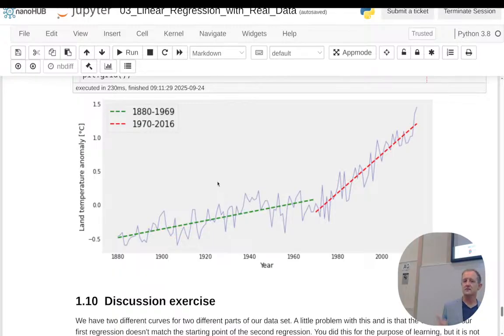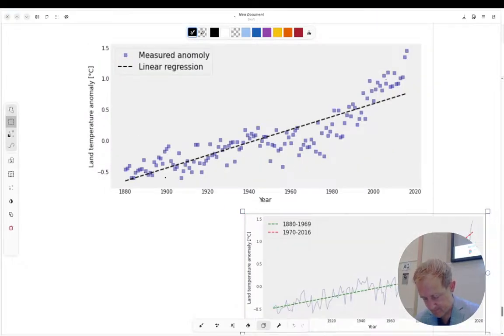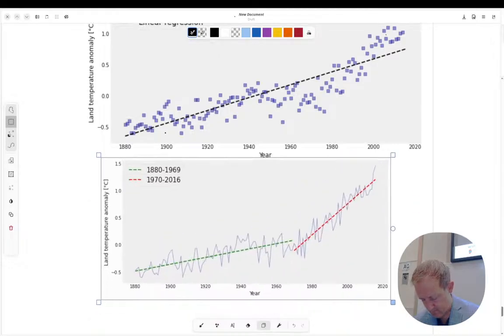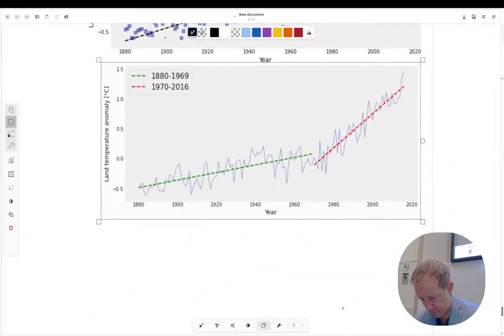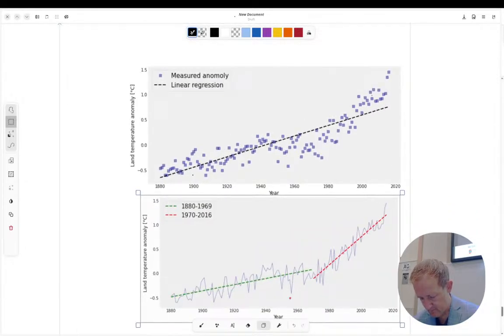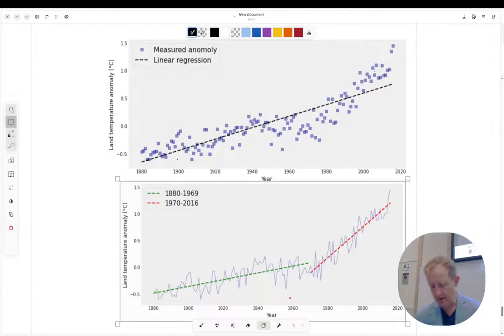Here we can compare them side by side, or at least top and bottom.